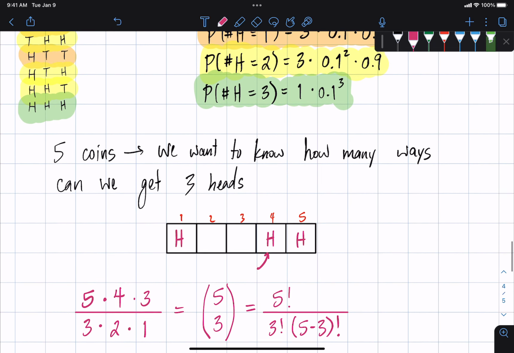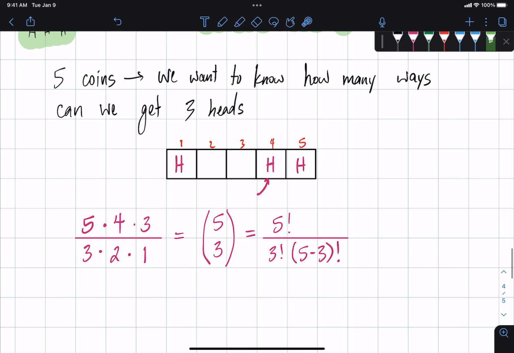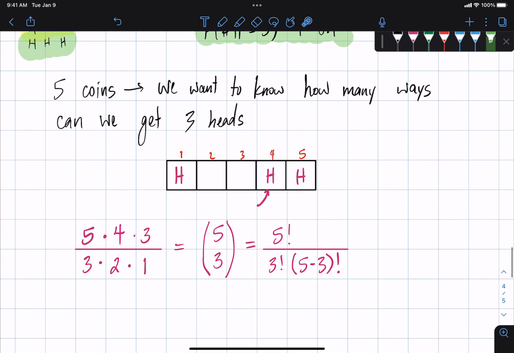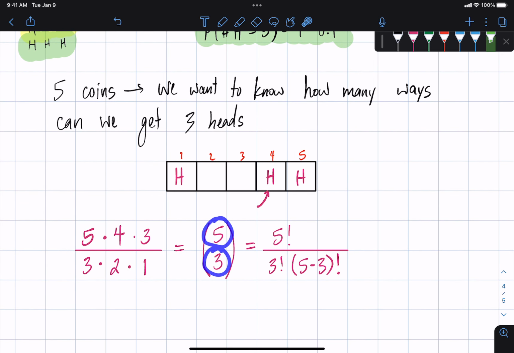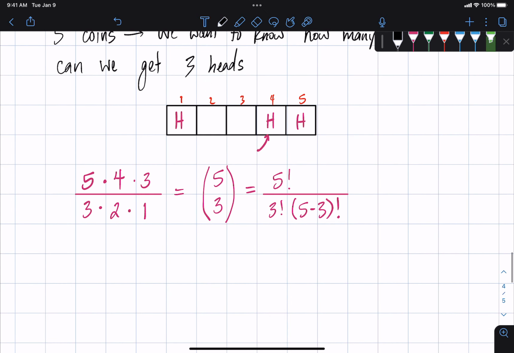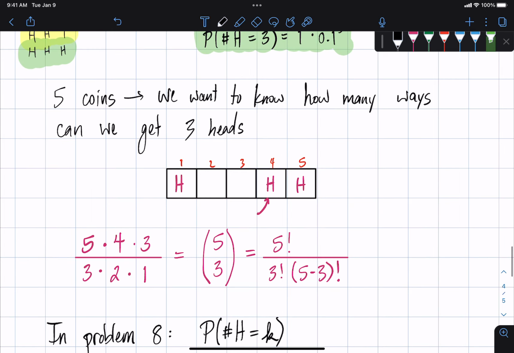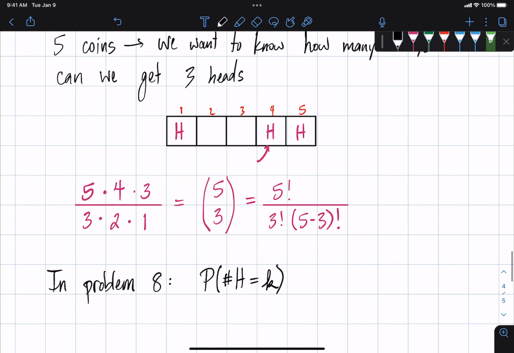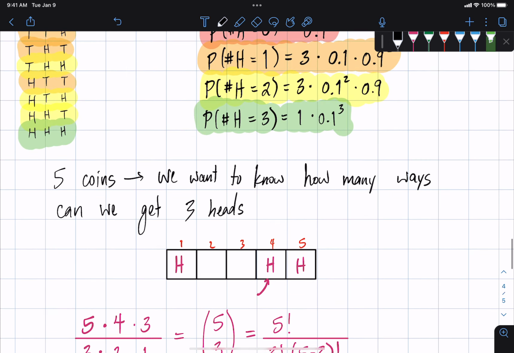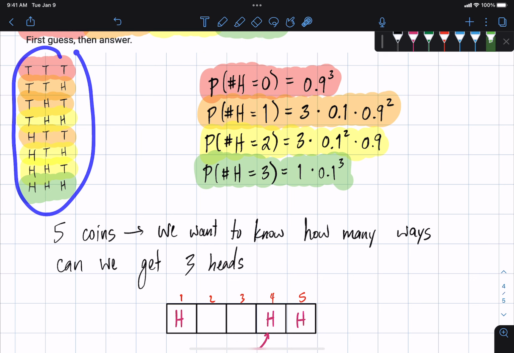Okay, so we're going to use this idea in the next problem, where our number of coins and our number of heads is different. But I want to point out that in this problem, in problem 8, we could say that the probability that the number of heads is equal to k, which, notice that's just a probability mass function, is going to be equal to 3 choose k, because that's how many coins we had, 3 coins.